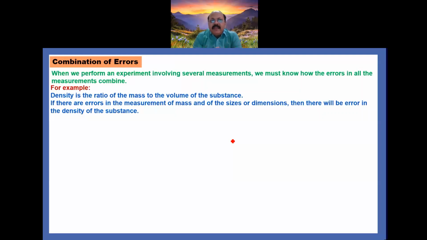It means when we measure the mass, then error in the mass is there, and similarly when we measure the volume, then the error in the sizes or dimensions takes place. So error in volume comes, and the density is the mass to the volume. So that's why the error in density also comes.